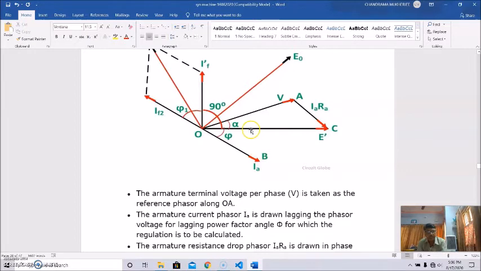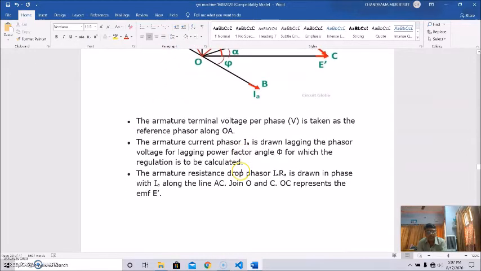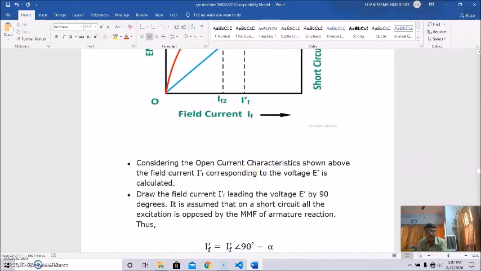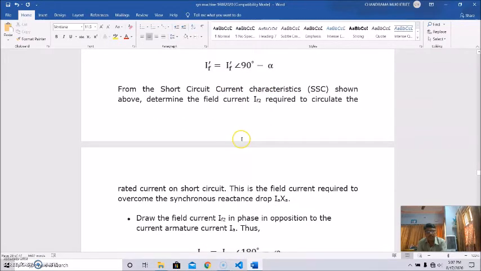After adding this voltage and IARA, we get E dash, and for the corresponding E dash, the field current required is IF dash. This field current is required to overcome the synchronous reactance drop IAXA. That is nothing but this IF2.